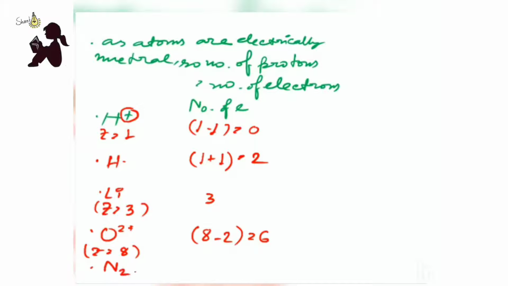Now in case of N2, you all know 1 N has atomic number 7. So in case of 2 N's, it will have 7 plus 7, 14 electrons, right? Now let's see another example, that is of O3 plus.